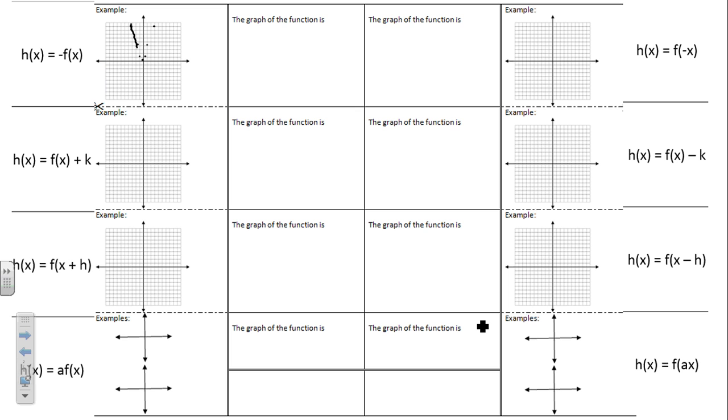And this was my original parent. And like I said, it reflects it across the x-axis. So I'm going to have the same thing, but going this way.